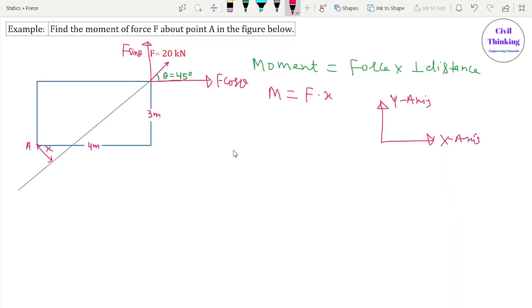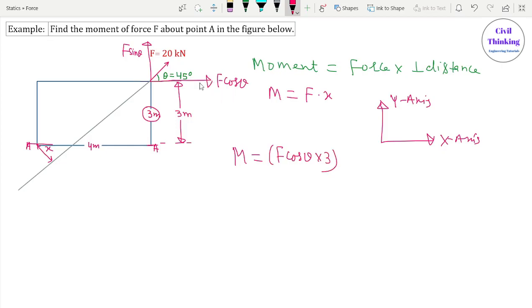Now the moment is F cos theta multiplied by its distance from A. A is here, so the distance of F cos theta is from here to here, which is 3 meters. So it is F cos theta multiplied by 3, right?